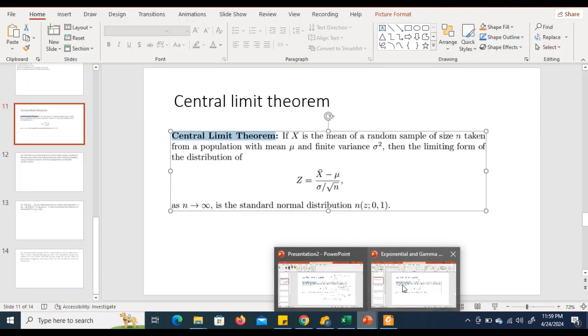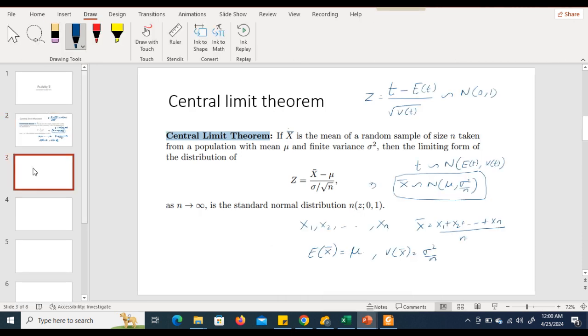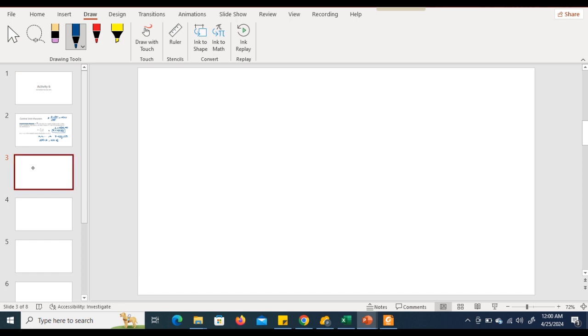Let me show you the command here. We have data in a row format. How do we select this data? We use Control plus Shift plus right arrow.